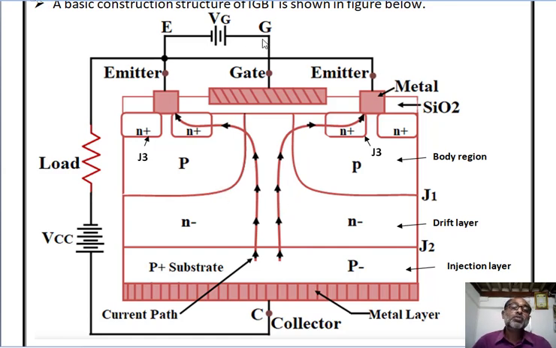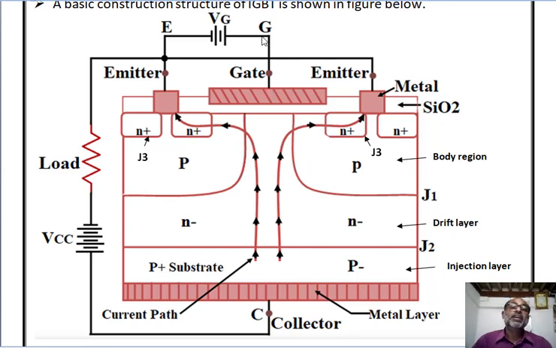When no gate voltage VG is applied between the gate and emitter terminals of this IGBT, the junction J2, between the N minus and P regions, becomes reverse biased. So no current flows from collector to emitter, which means this device acts as an open circuit.